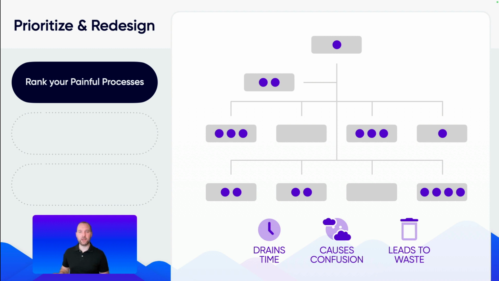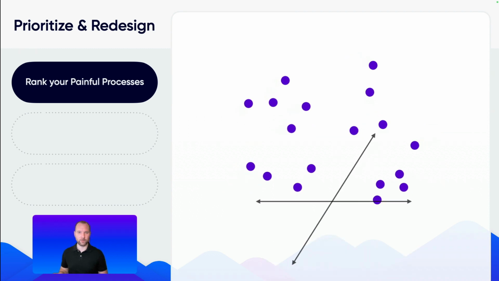And it's probably pretty easy for you to come up with a list of these processes, but it might be a little trickier for you to rank them or prioritize them. And that's really what you should do as the first step: where do you start? And what's your roadmap for continuing once you've converted one painful process to a nice smooth one?